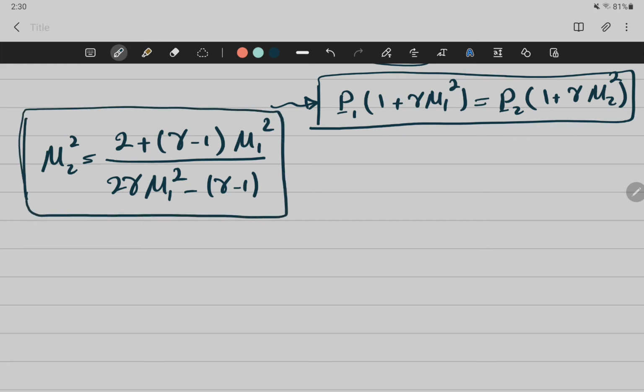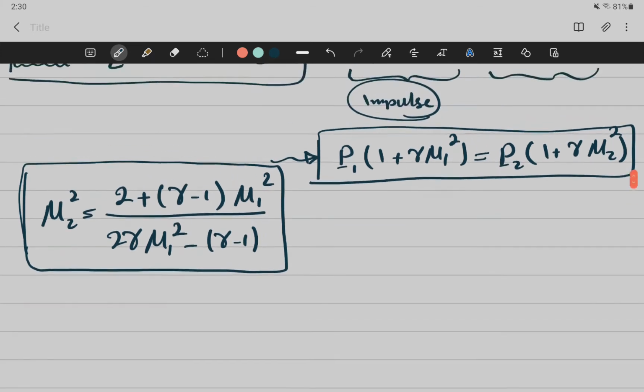So for a normal shock wave, you will probably be given an upstream Mach number. This is like your flight velocity, right? And you will be asked about the flow over a wing. Yes? What are you plugging in to get that? Because I'm 100% lost. Can you repeat the question? What are you plugging in to get that equation?